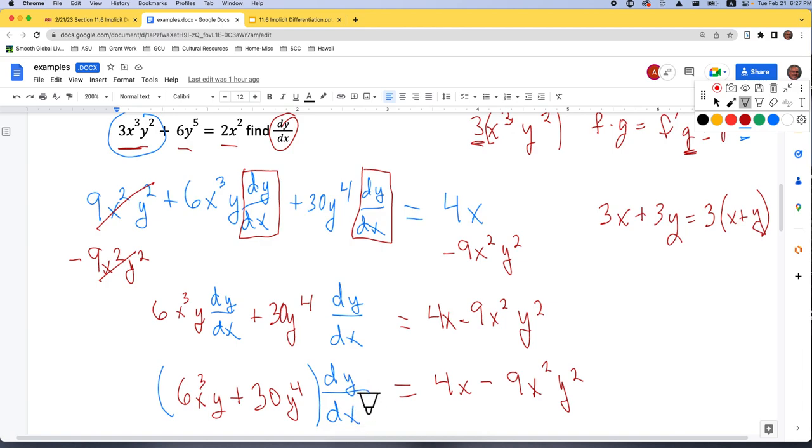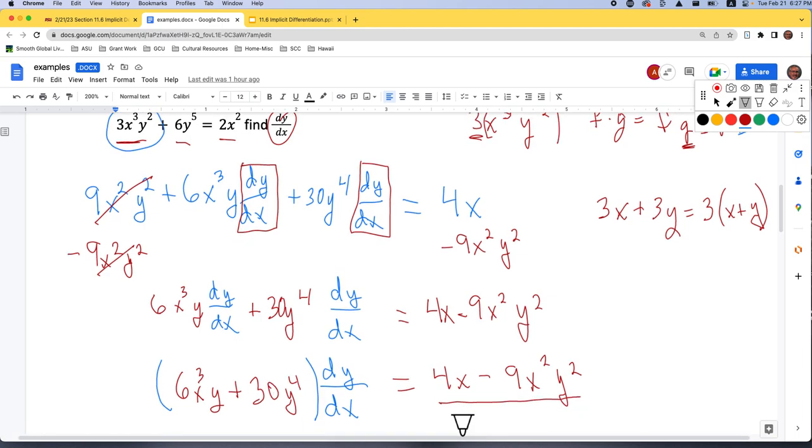And how do we get the dy dx to be by itself? Because when they say find dy dx, they want dy dx equals stuff. What's left to do with this stuff in front? Divide it, because we're multiplying by it. So I like to just say it moves over and I just divide it. It becomes a new fraction over here.